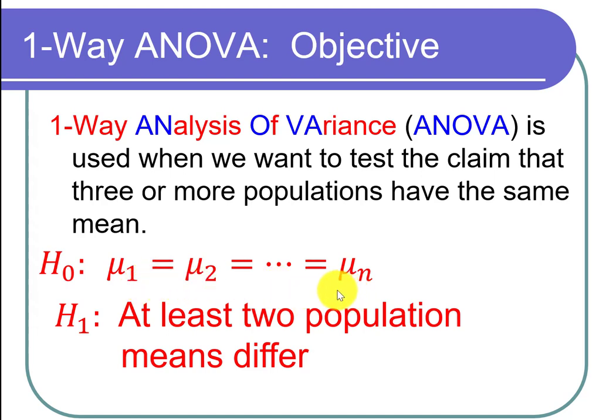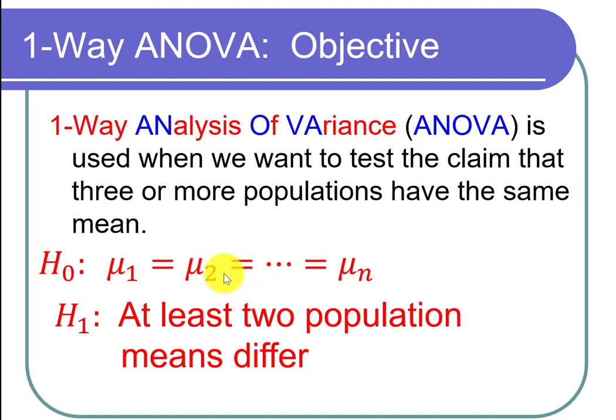Then there's H1, and you have to be very careful about H1 because a lot of people think that the complement of all of the means being equal is all of the means being different, but that's not true. For example, if you looked at the first 10 means and they were all the same, and then all of a sudden you got to that 11th mean and it was different, and then all the rest are the same, then most of them are the same, but 2 of them are different.